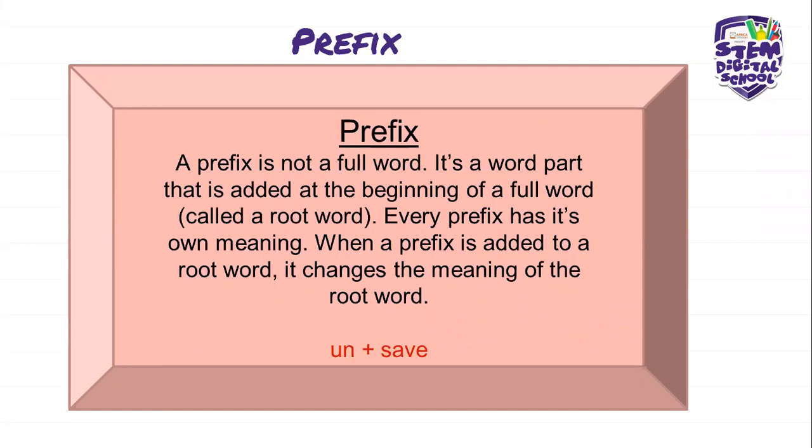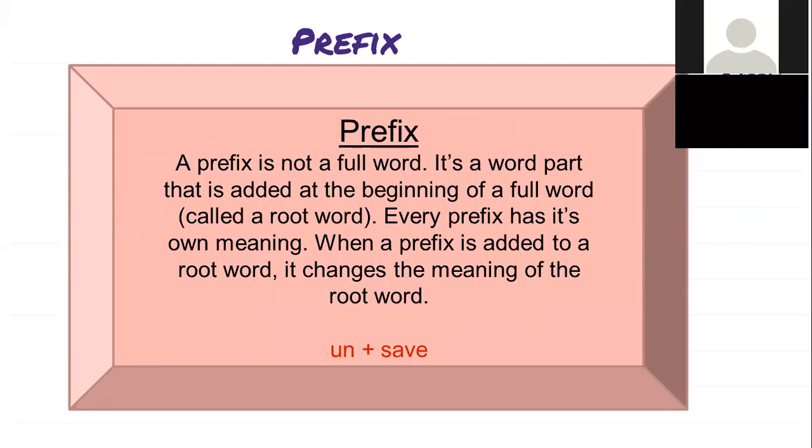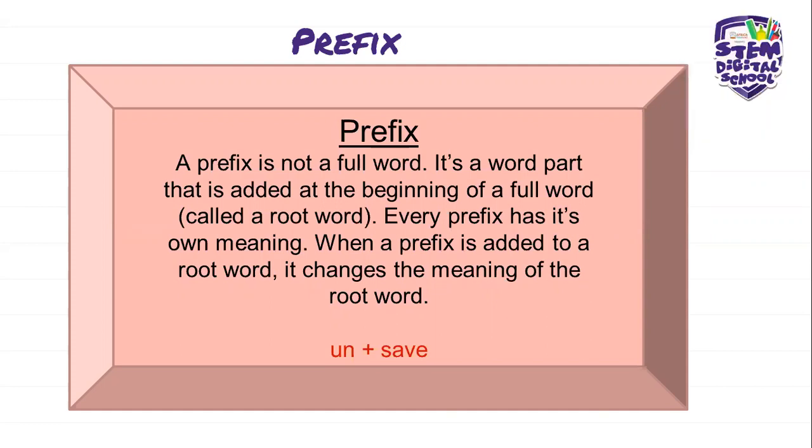Now, a root word must be able to stand on its own. Otherwise, it's not a root word, and the thing at the front isn't a prefix. Now, every prefix has its own meaning. When a prefix is added to a root word, it changes the meaning of the root word.